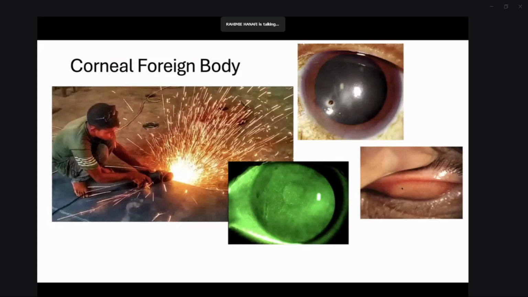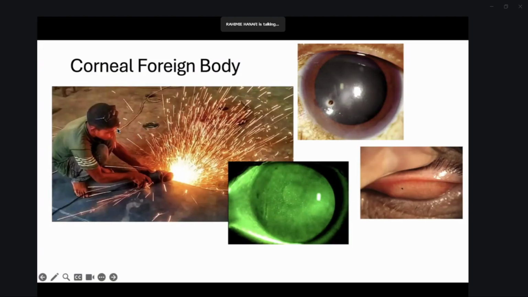The next one is the corneal foreign body. I put it under blunt trauma because this is quite common in primary care, especially among workers in welding.